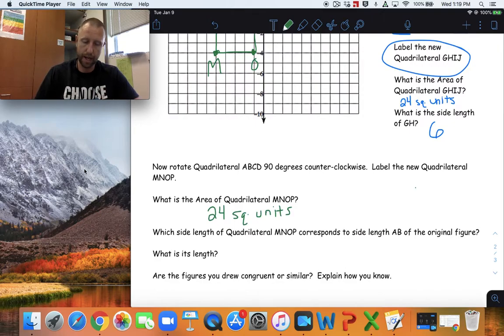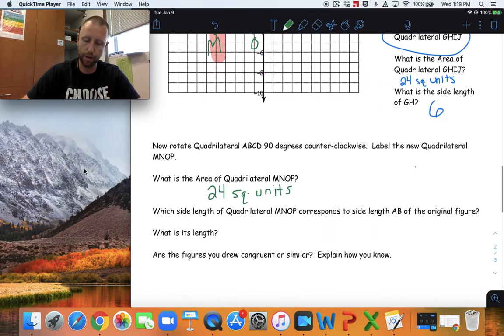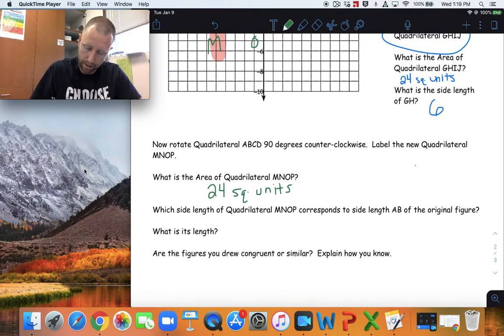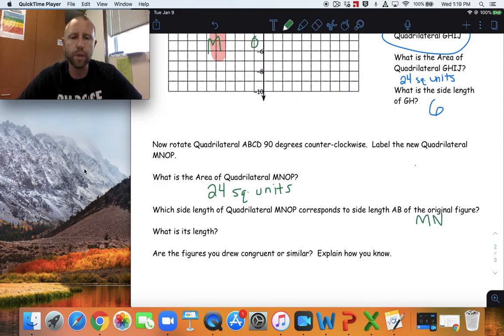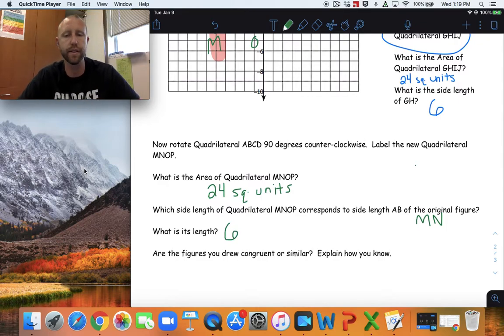And that would be, I'll use my highlighter here, that would be this one right here. MN is the side length that corresponds to AB. So we'll list that right here. MN. What is its length? It's the same as the side length for AB because the side lengths stay the same. It's 6 units.